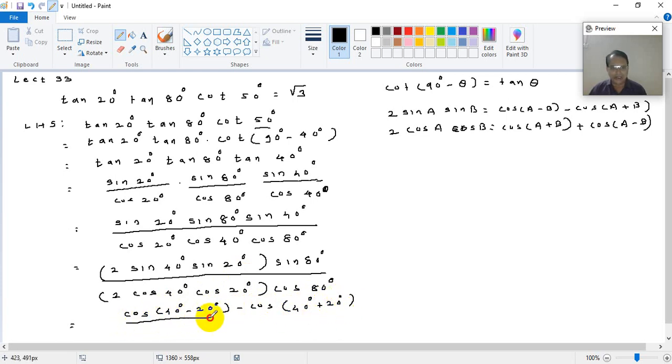The value of that we definitely know. Divided by, this is now cos of A plus B, so it is cos of 40 plus 20.